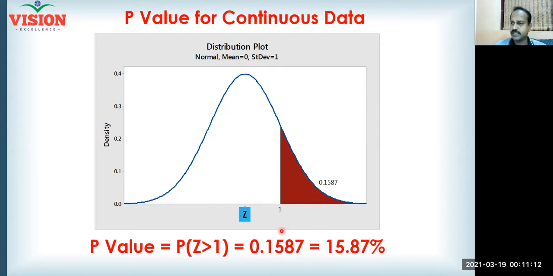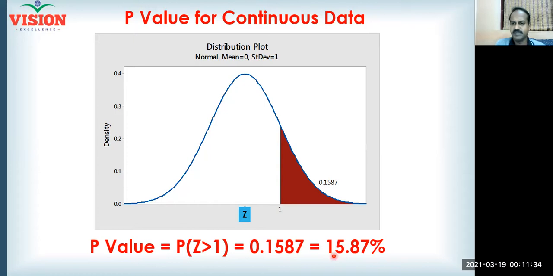And please note here, this is a one-tailed study. We considered the significance only on the right side portion of the curve and not on the left side. Only Z crossing the value of 1 is considered in the study. And of course here we found the p-value is 15.87%.